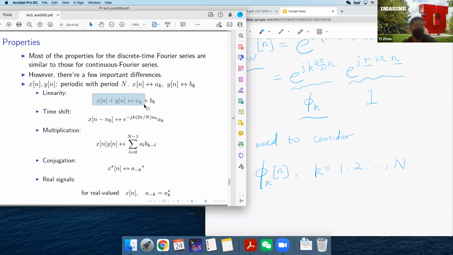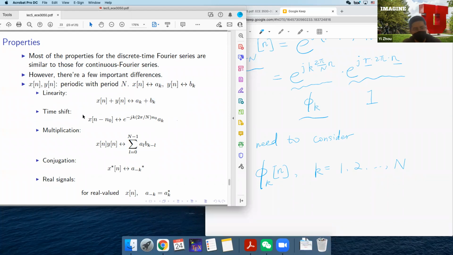The first one is linearity. This is the same. If we have two discrete time signals with their Fourier series spectra, then adding them up, the corresponding spectrum of the sum of signals is a_k plus b_k, the sum of the corresponding spectra.